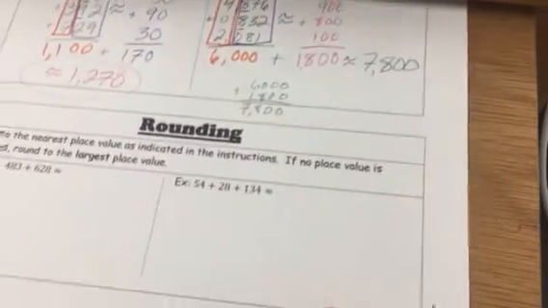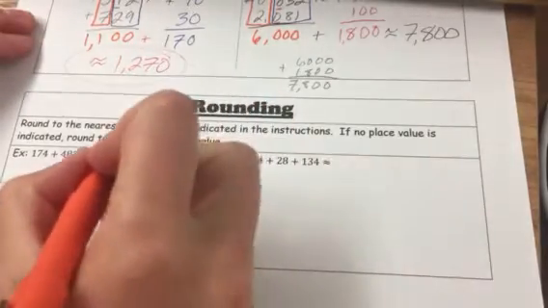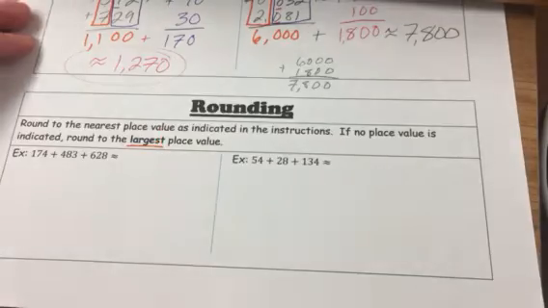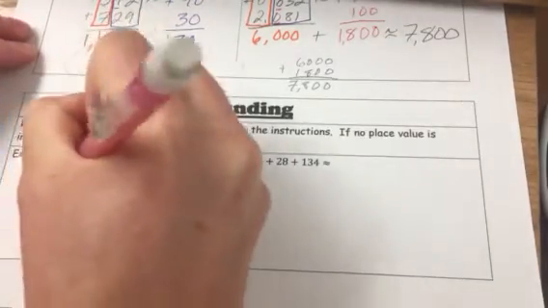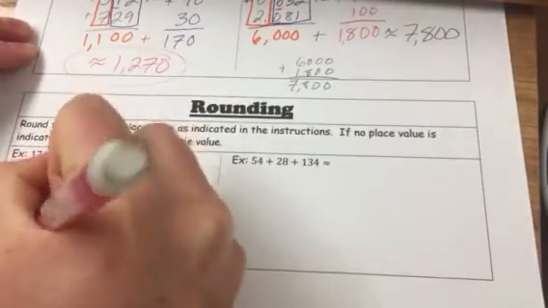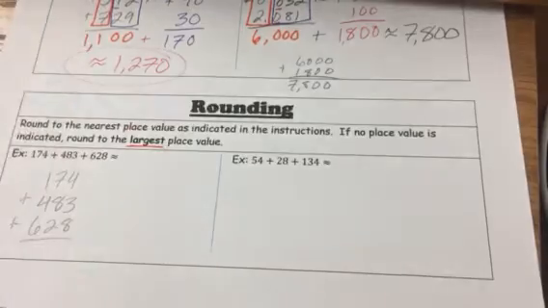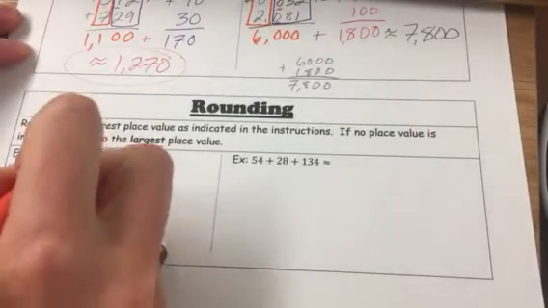Okay, and our next form of estimating is rounding. Using that skill we already have, we'll go ahead and round to the largest place value within each number. So for this example, I've got 174 plus 483 plus 628. So what we're going to do is we're going to round to the largest place value, and in each one of these numbers, our hundreds are our largest place value.